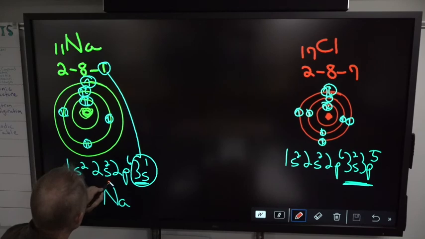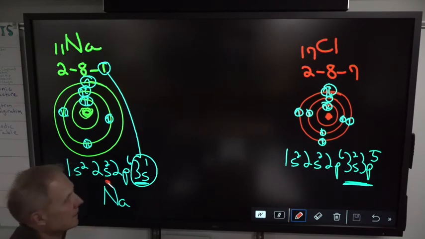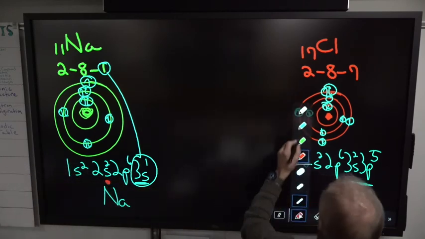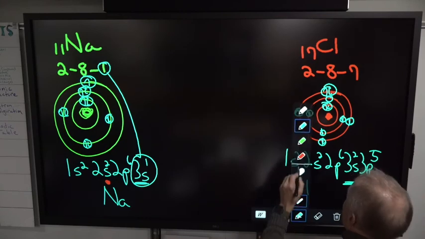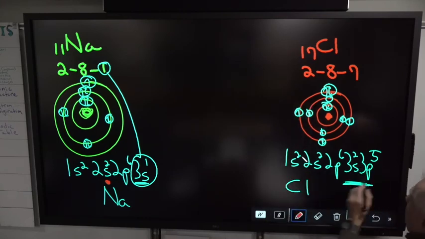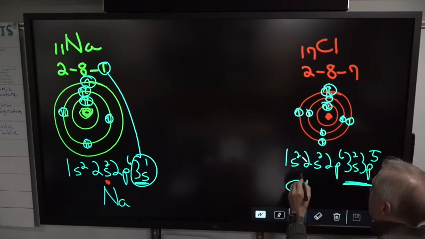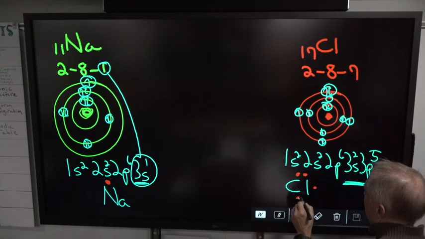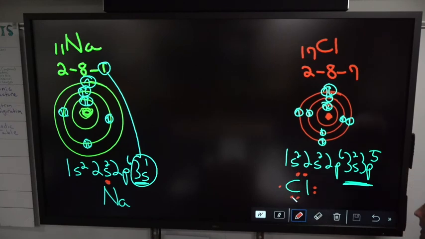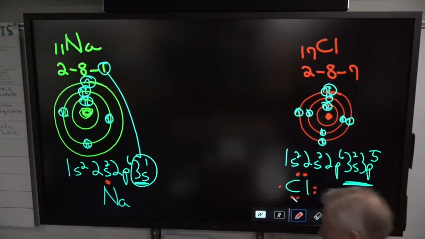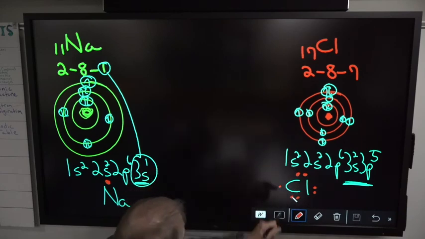Over here, for Cl, we've got 7. So we've got 2 in the S. Then we go 1, 2, 3, 4, 5. So we have 7 total in the valence shell of chlorine. So we got that and we got that.